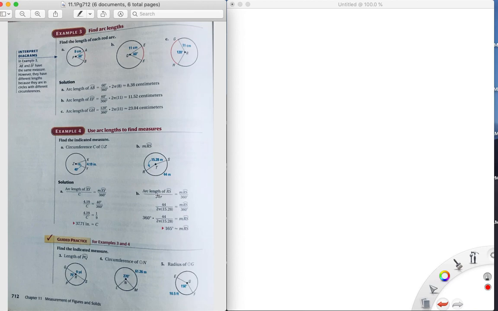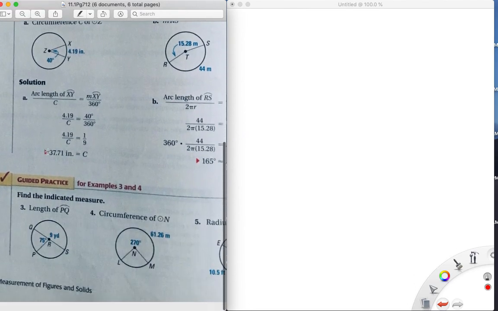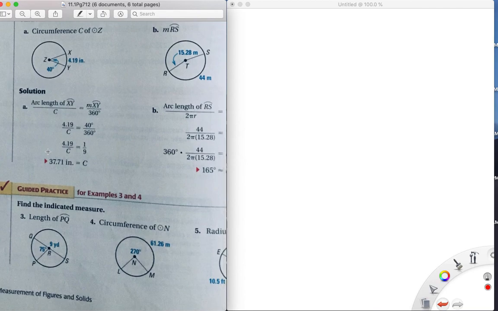For number 3, we have a circle, QPS, we have arc length QP, and they want to find the length of QP. Notice that they already give us a degree, 75, so they're asking for the arc length as a unit. So we write our equation.